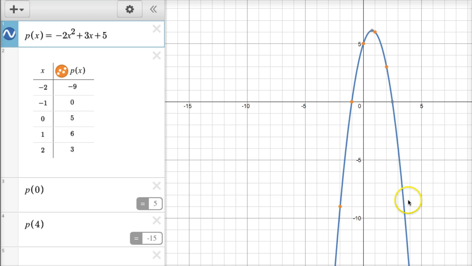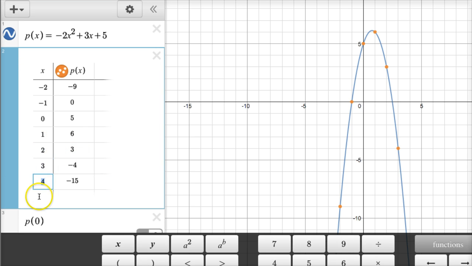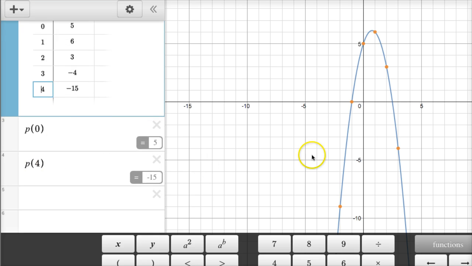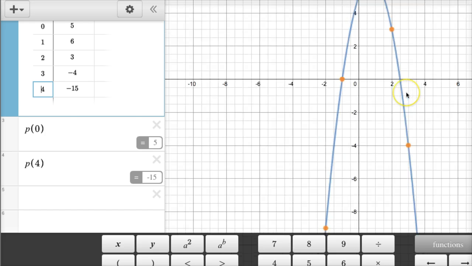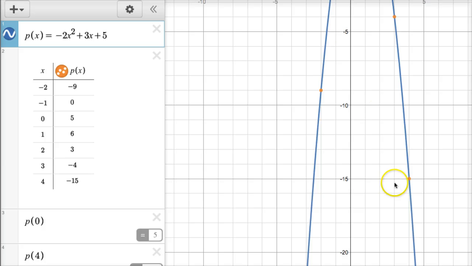Yeah, it's way off here because there's 3.9, and then it goes off the screen. Here we could keep using our table, and we would see that P of 4 equals negative 15. The other option, like we did, was just plugging it in. So here, unfortunately, it drops off the screen. I suppose we could move this around. There we go. And now we found P of 4 is down here at negative 15.